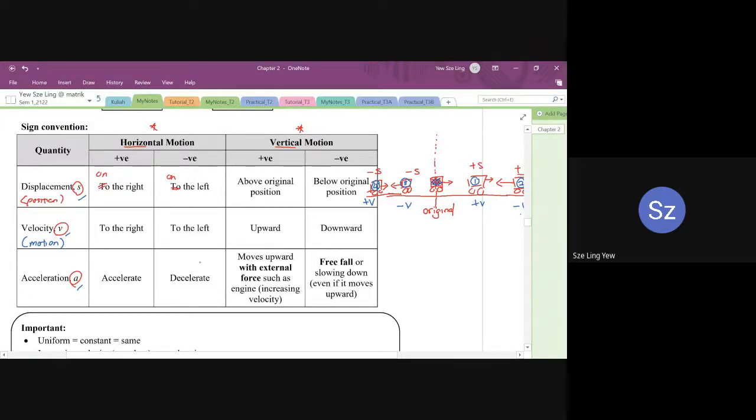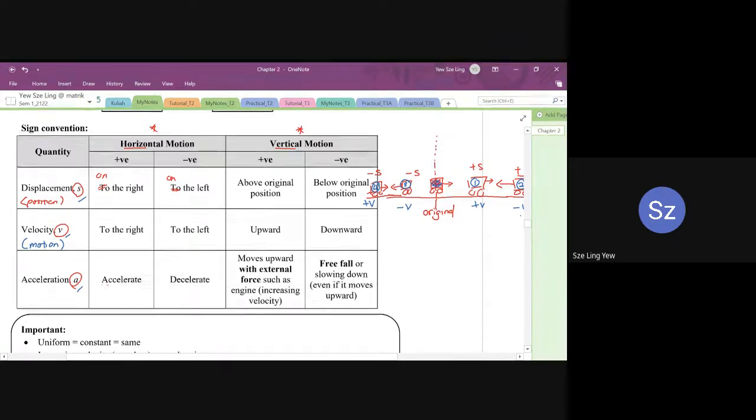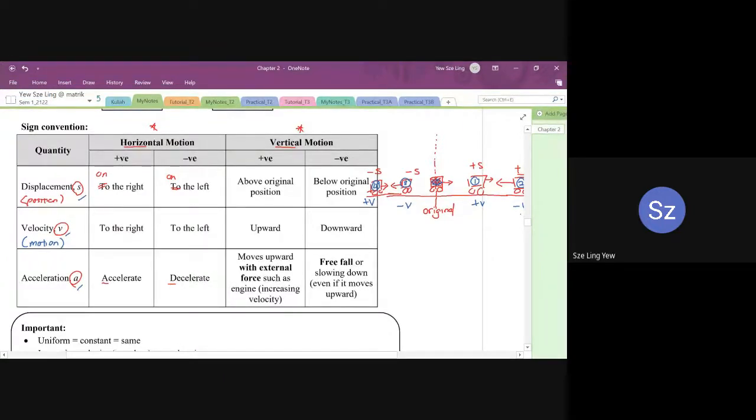We only look at one of them, we don't look at both at the same time. Usually for horizontal motion, we just see whether it accelerates or decelerates. If it accelerates, then we say it's positive. If it decelerates, then we say it's negative.